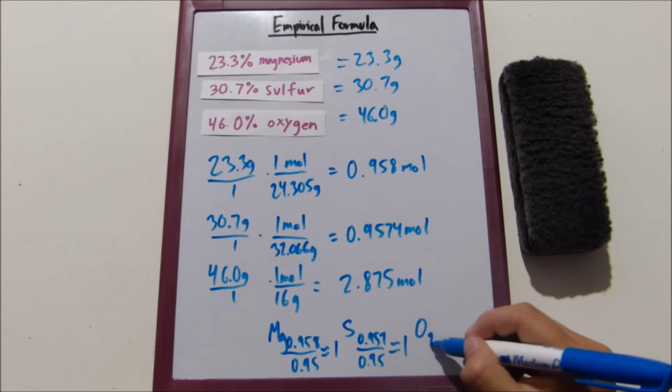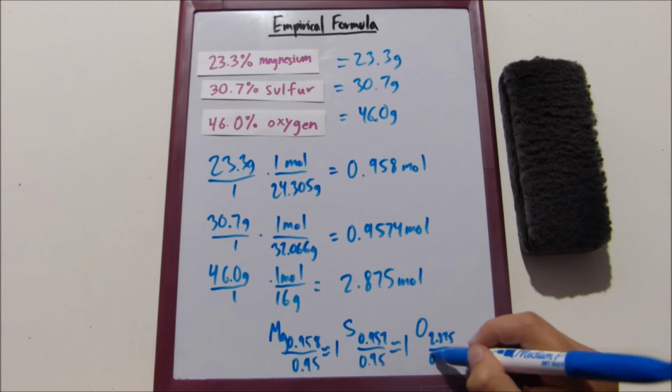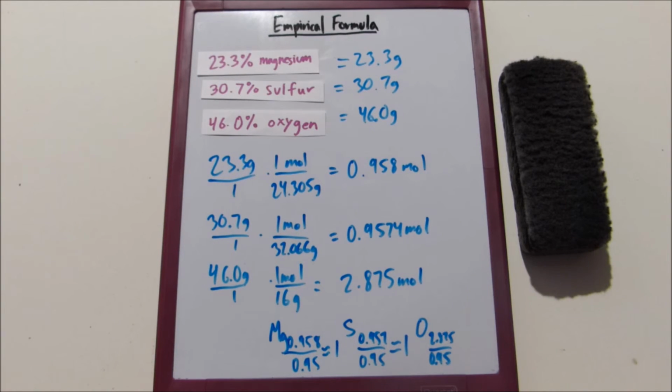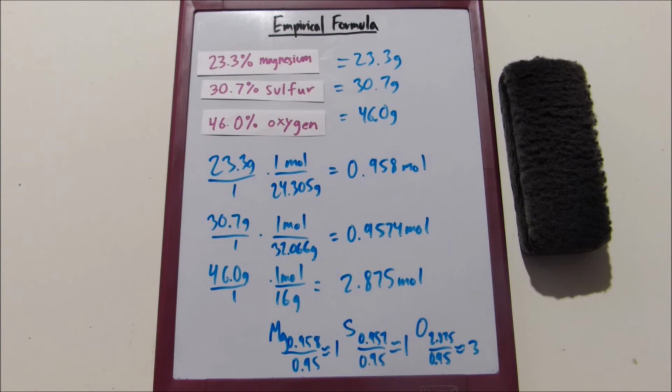For our oxygen, we have 2.875, and we're going to divide it by the smallest number, which is 0.95. Alright? And then once you divide, you're going to want to round it either up or down, depending on what you get. See, I got 3.026, so it's pretty safe to assume that you can round to 3. Because you don't want something like, oh, there's 3.026 atoms of oxygen, right? That's just, like, what does that mean?